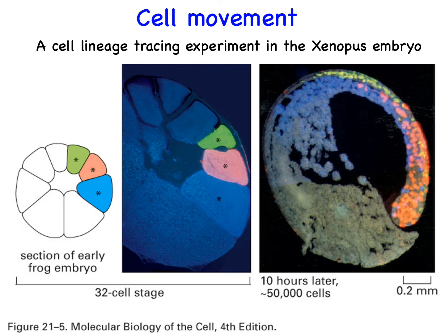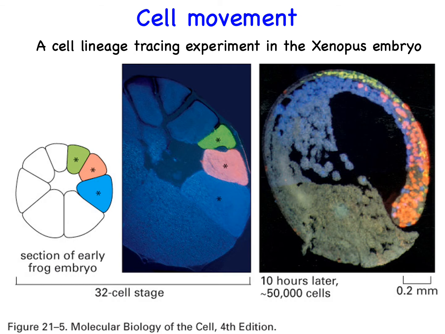And so you can see, some of them look like a multicolor, and that's because there are cells on top of each other that are different colors that give that sort of orange color at the very tip of the embryo here. But again, you can see the amount of rearrangements going on even very early in development, whereas later in development, there's probably even more of that sort of thing going on.